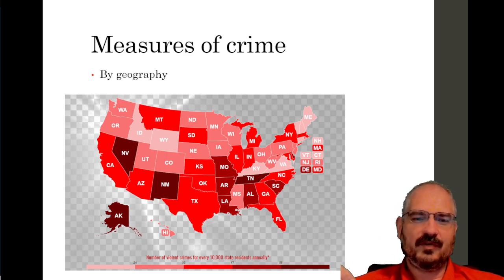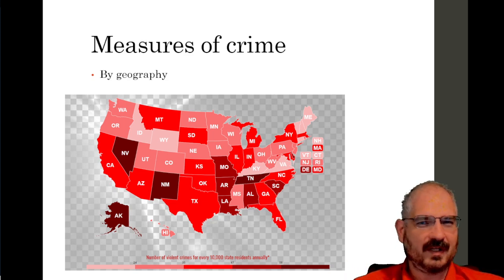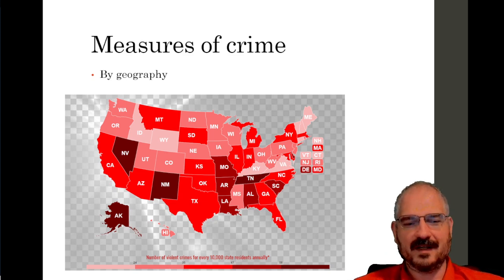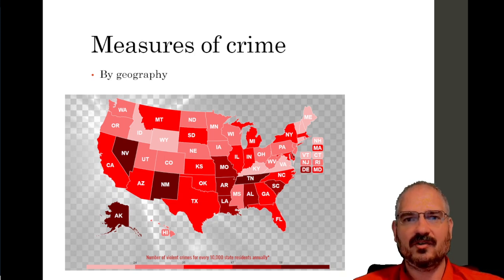the states that those cities are in are not the most crime-free areas, but they're nowhere near the worst either. If we look at crime rates by geography, it tends to be, honestly, the more rural states that have the highest crime rates, like Nevada and Alaska and New Mexico, right? Those are very rural states.